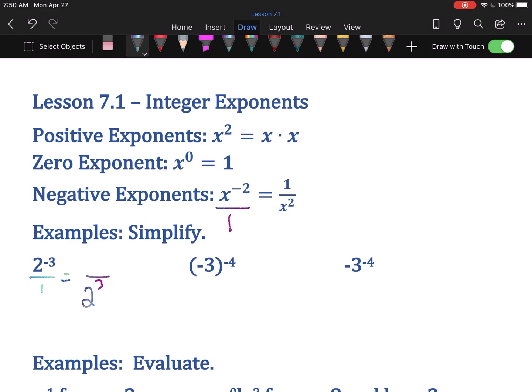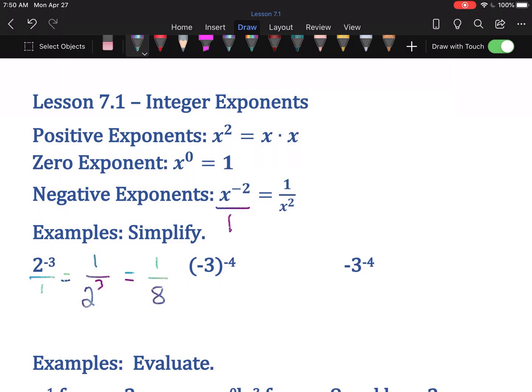So it's going to be 2 to the third in the denominator. In doing so, in moving this, we've cleared out the numerator, which means there's a 1 left behind. All we need to do now is figure out what 2 times 2 times 2 is. 2 to the third power. 2 times 2 is 4. 4 times 2 is 8. So 2 to the negative third power is 1/8.